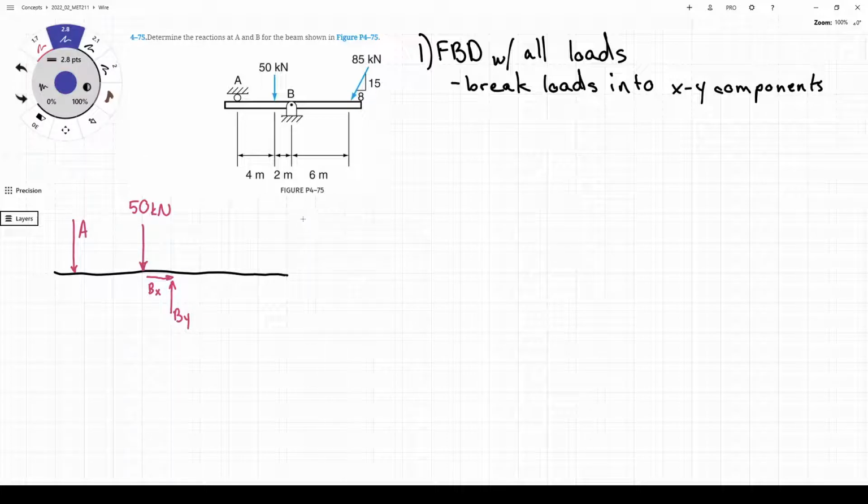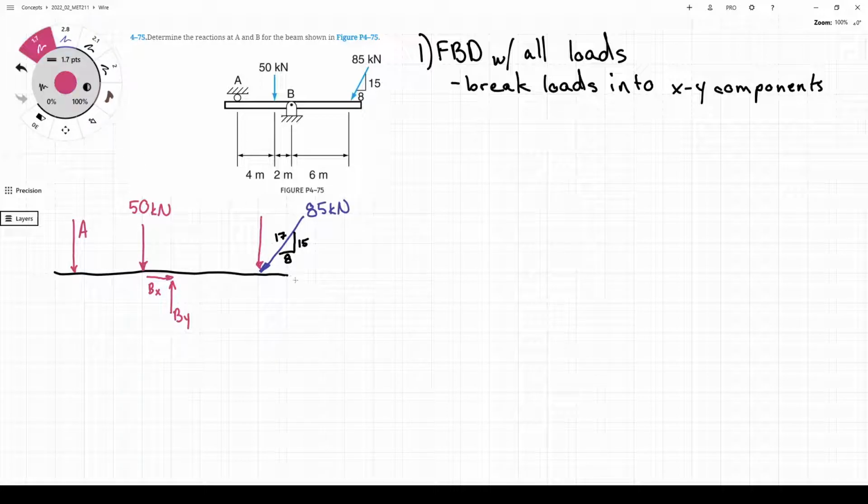I'm going to draw that first in this color, because, as I said, we're going to break it into its X and Y components. So to do that, we have a Y component like this. Our force is at an angle with an 8, 15, 17 triangle, and it's 85 kilonewtons.